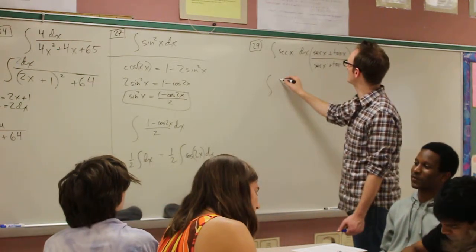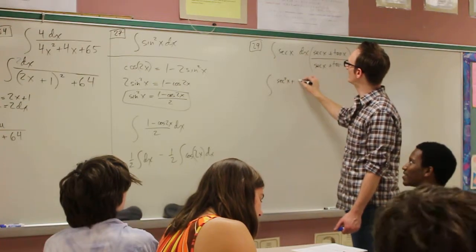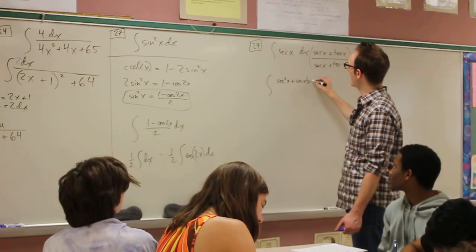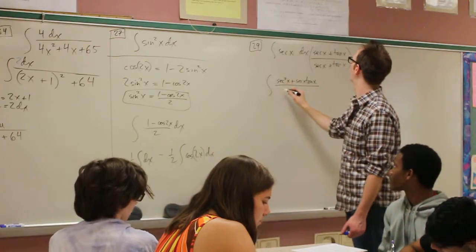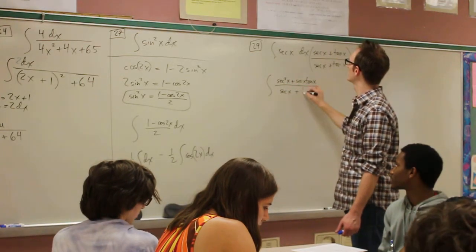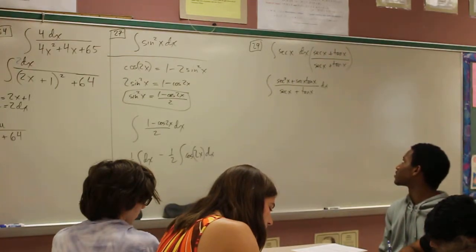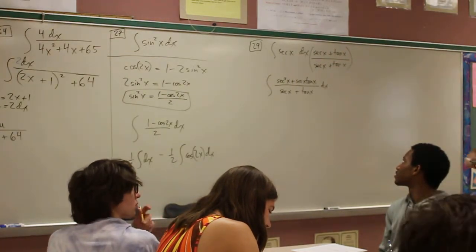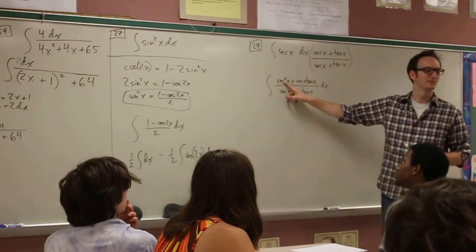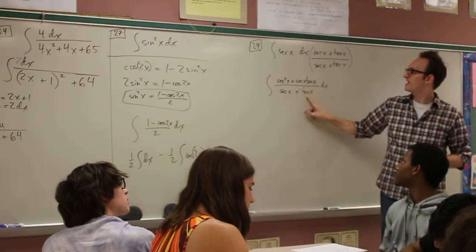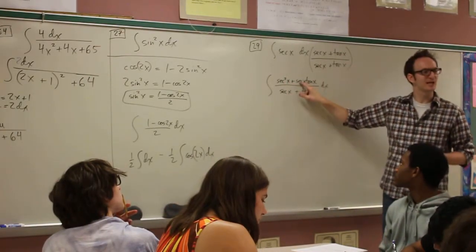So this becomes on the top secant squared x plus secant x tan x, over secant x plus tan x. Okay, that just looks like a terrible mess, except it's great, because what is secant squared after all? The derivative of tan. What's the derivative of secant tan?